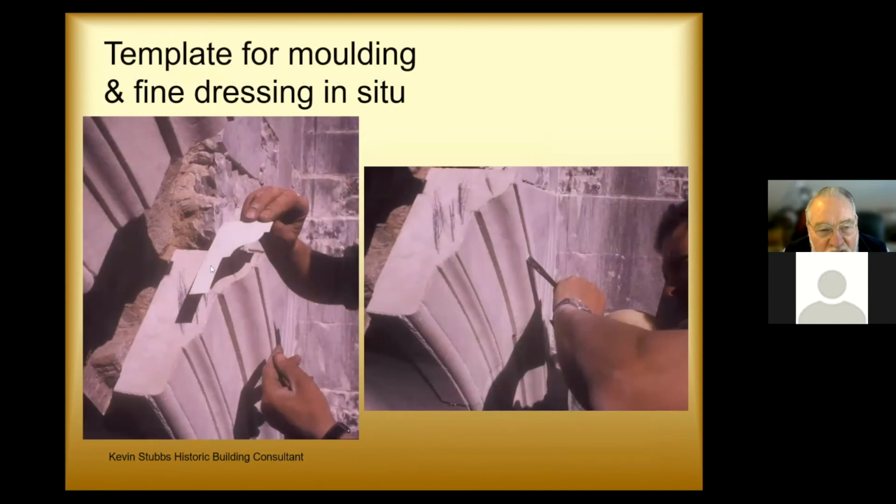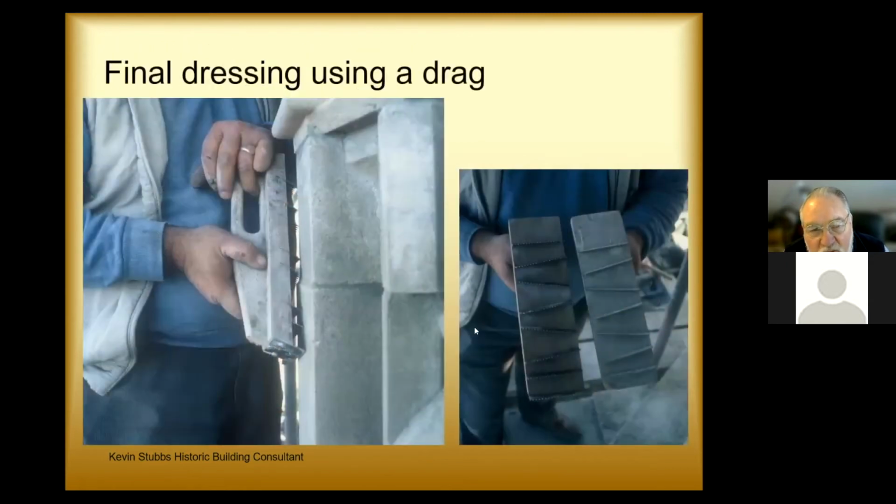So here's a traditional templating for making a new piece of stone to insert into this arch. And so there's the template. It's been cut in the mason's shop to approximately the right shape. It's fixed in situ and then just finely dressed on site to get it matching up and in shape with the surrounding stonework.